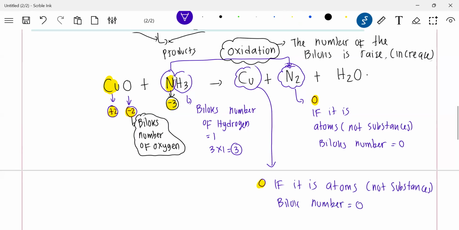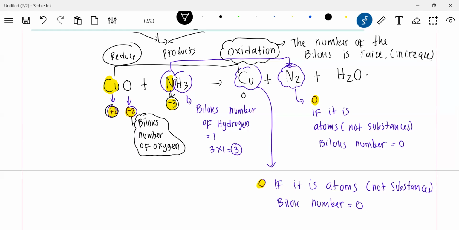Take a look, this starts from -2 and becomes 0. -2 becomes 0, so this is reduced.